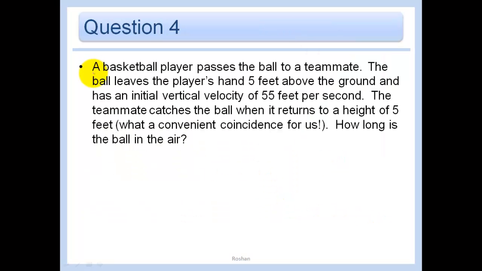A basketball player passes the ball to a teammate. The ball leaves the player's hand 5 feet above the ground. So that's going to be my initial height, 5, and has an initial vertical velocity of 55 feet per second. So my initial velocity is 55. The teammate catches the ball when it returns to a height of 5 feet, okay?